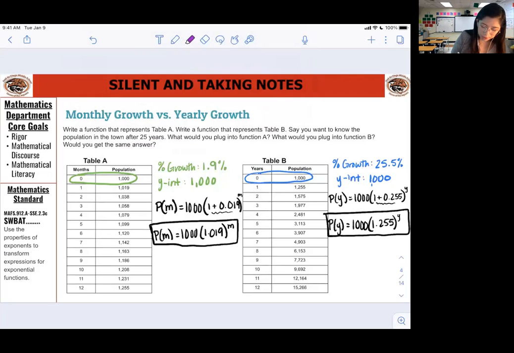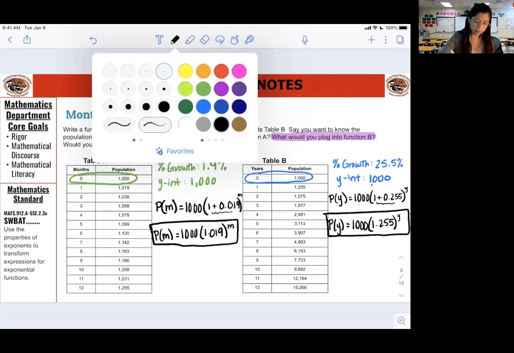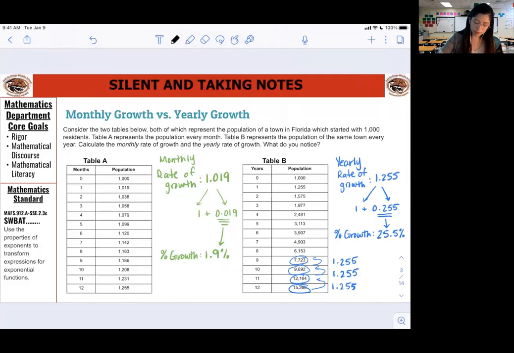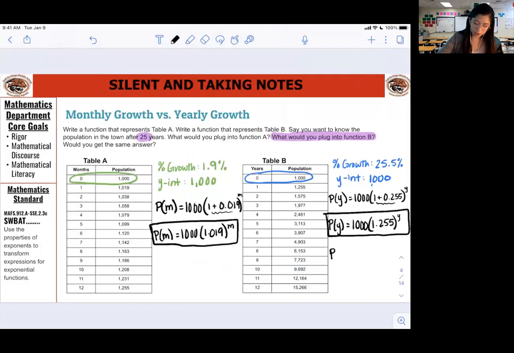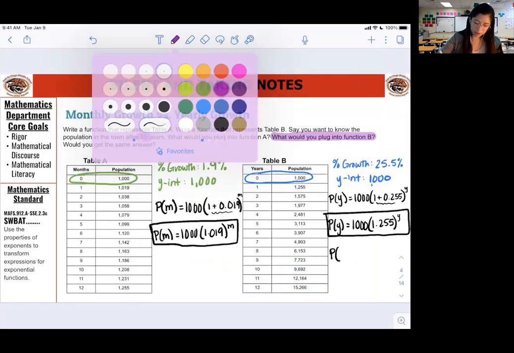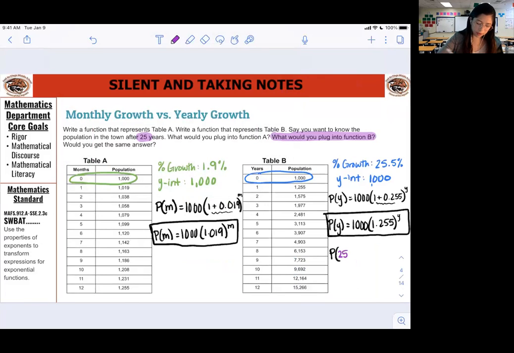Actually, let me start with function B. What would you plug into function B? 25. Because we're trying to figure out the population after 25 years, and the letter Y already represents years. So I'd write 1,000 times 1.255 to the power of 25.